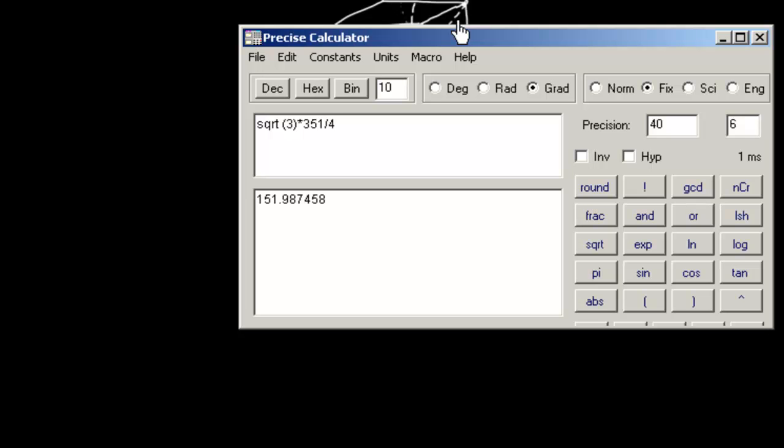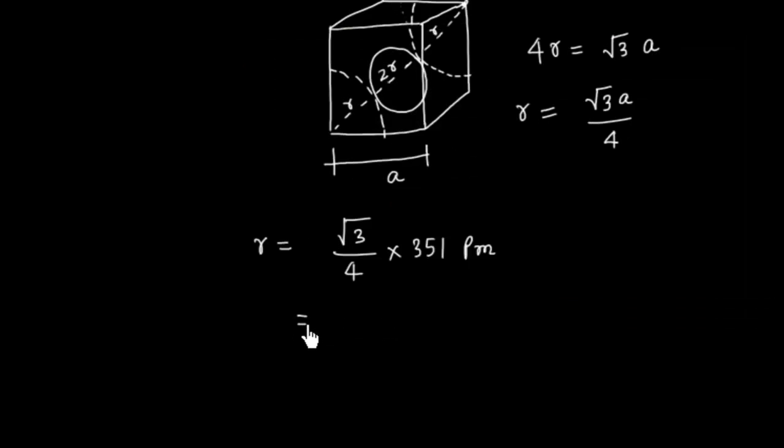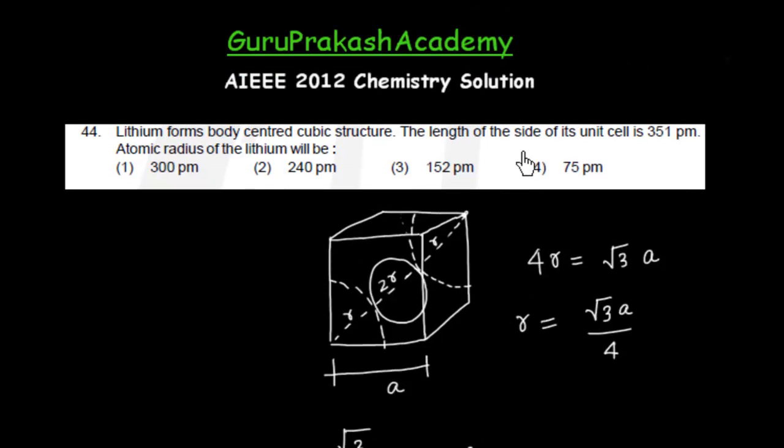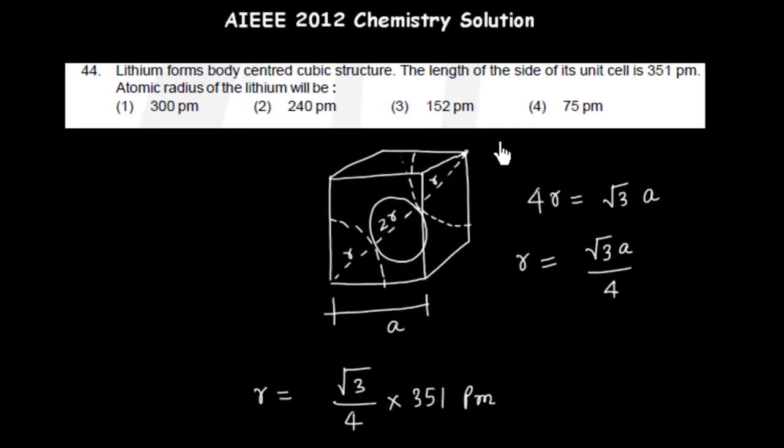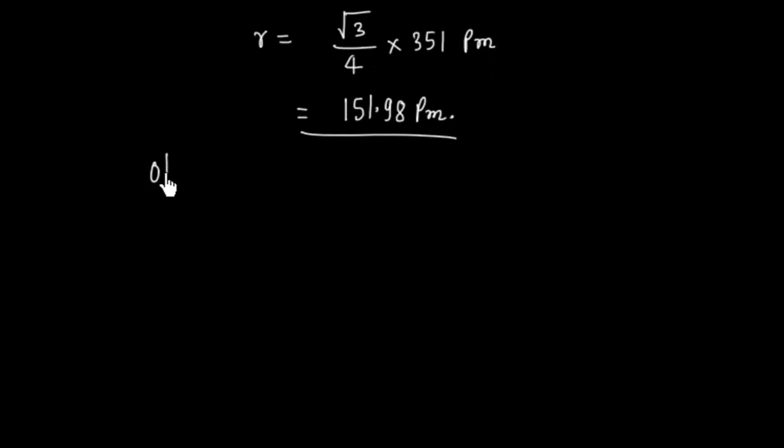So this comes out to be 151.98 picometer. So the radius of each atom is 151.98 picometer, around 152. So option 3 is the correct answer.